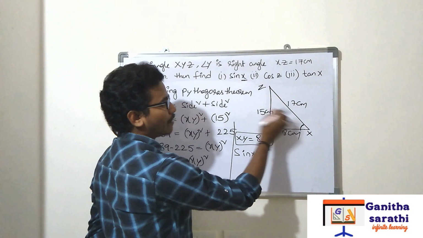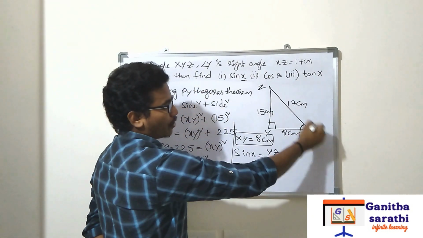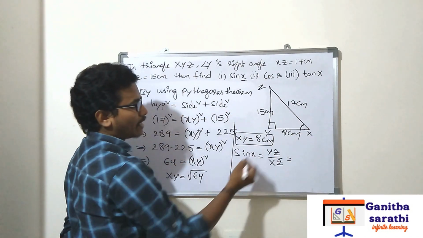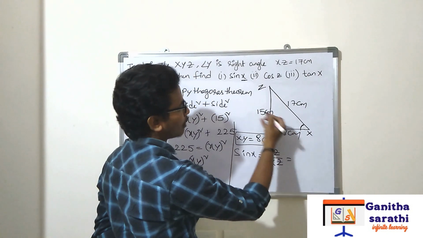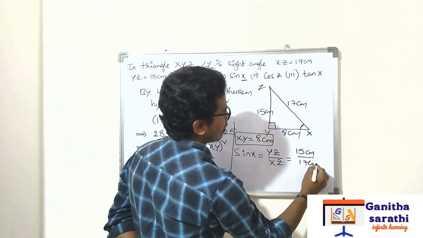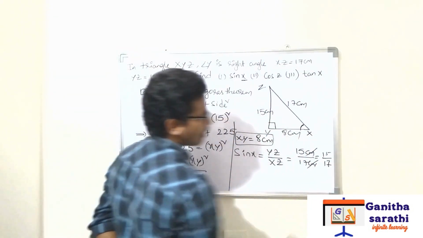What is the opposite side of X? YZ. Sin X is equal to opposite side by hypotenuse. What is the hypotenuse? XZ. So sin X is equal to how much? 15 centimeters by 17 centimeters. Anyway, centimeter and centimeter will be cancelled. It will be 15 by 17.